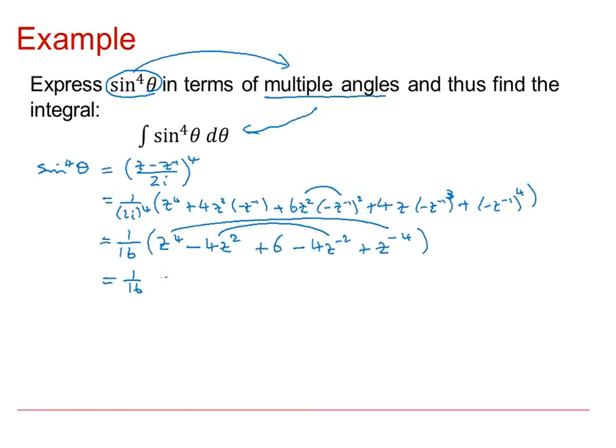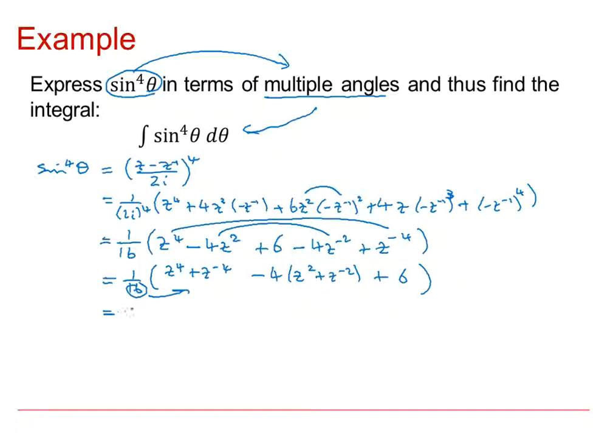And in doing so, we can rewrite this as a 16th of z to the 4 plus z to the minus 4, minus 4 times z to the 2 plus z to the minus 2, and then we'll leave the 6 separately. And now I'm going to rewrite this 16 as 8 times 2, and bring the 2 into this bracket.